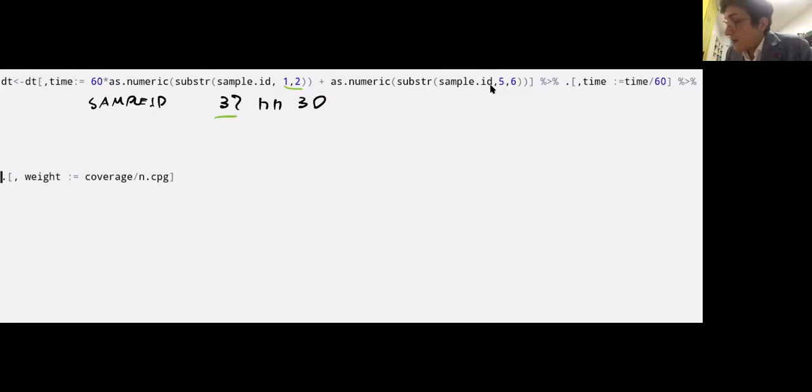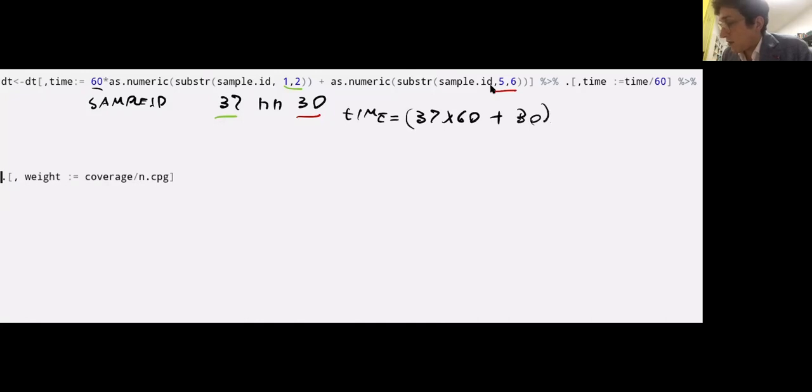Then take the second part, the fifth and the sixth digit of this string, which are these two. And we're going to sum it, but how? Of course, these are hours and these are minutes. So if we want the time in minutes, we would do time equal to 32 multiplied by 60 plus, which is what I'm doing here, in this case, 30.